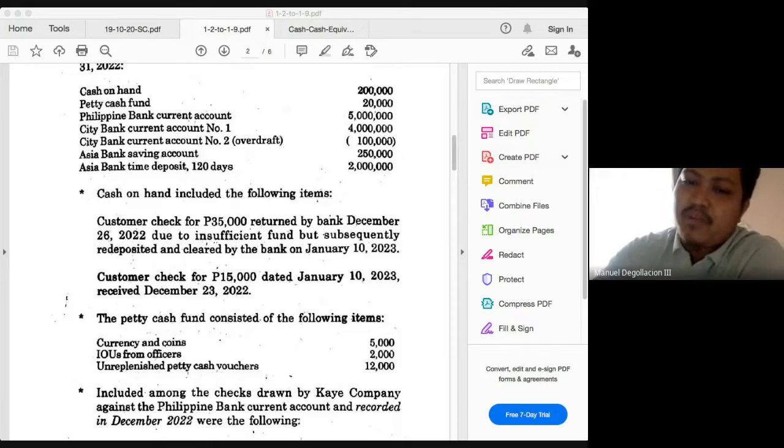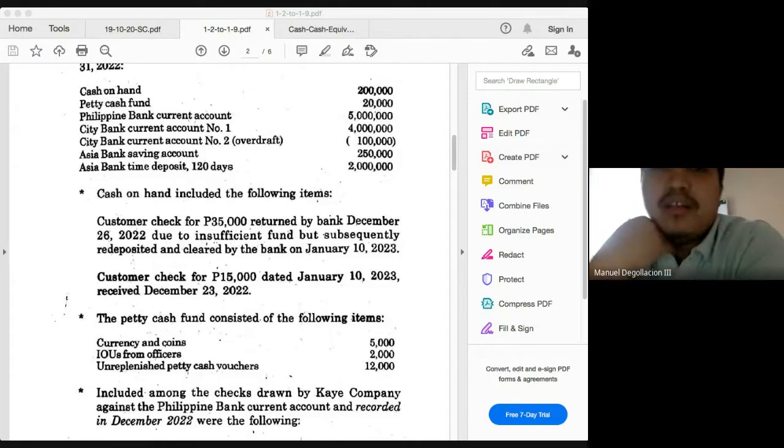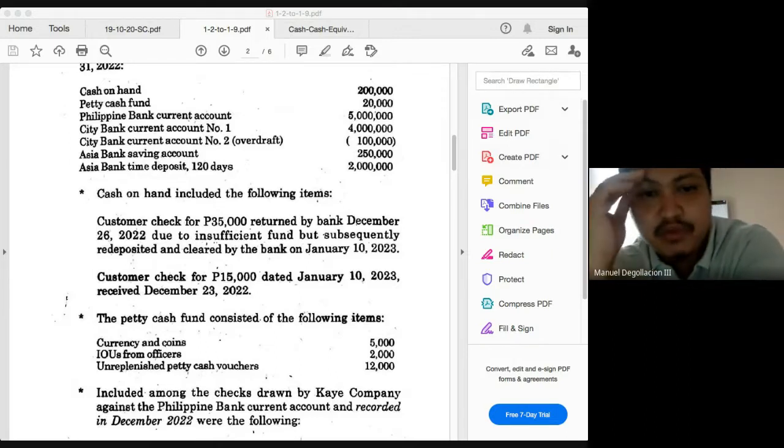So that means there is a 1,000 class that is not accounted for. Okay, and although we will ultimately be asking the petty cash custodian to pay for it, but as far as the actual cash in our petty cash fund is concerned, class, there is only 5,000 there, represented by the currency and coins.